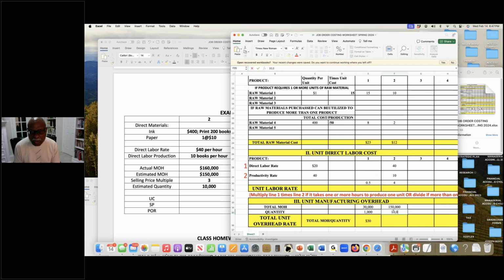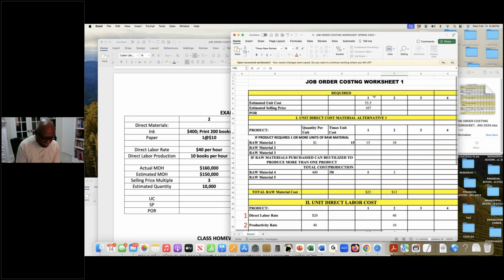So notice the more you make, the lower that cost is going to be. So what's unit MOH? 15. Yeah. So we add those together: 12, 4, and 15. We get 31 as our unit cost.